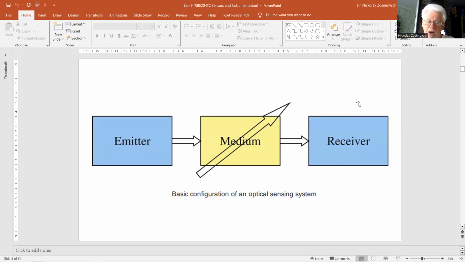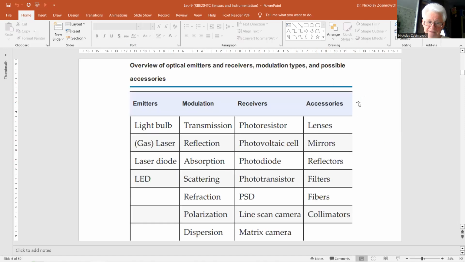The transmission path is influenced or modulated by the quantity that has to be measured. Various properties of the light can be affected by the measurement. This can be done in various ways, as shown in the table on this slide.